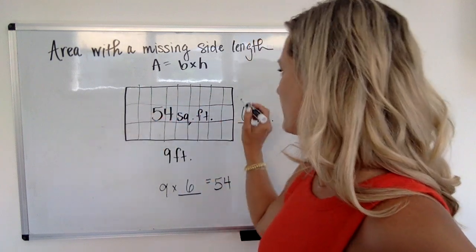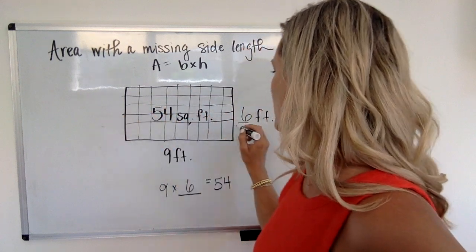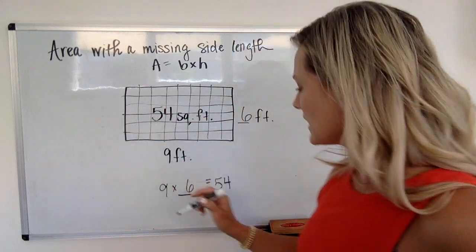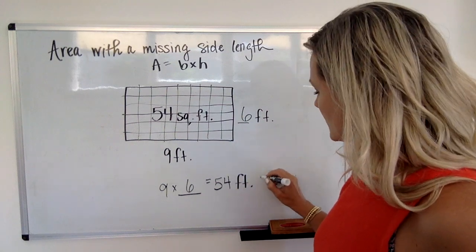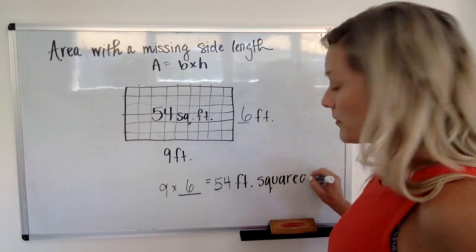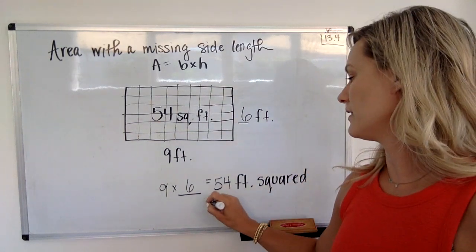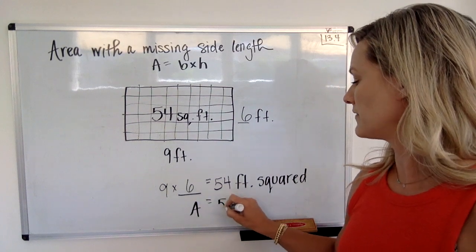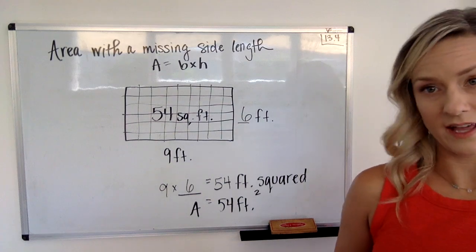So I'm going to put 3 first and then separate them all. And I would literally have 54 feet squared. Or, remember how we write that? There's a special symbol. So the area of this would be 54 feet squared, like that, right?